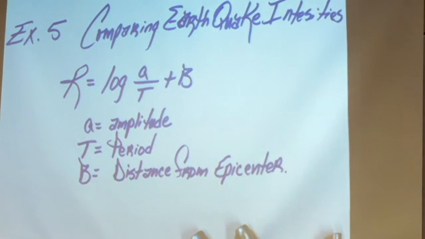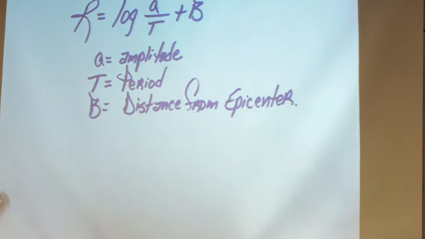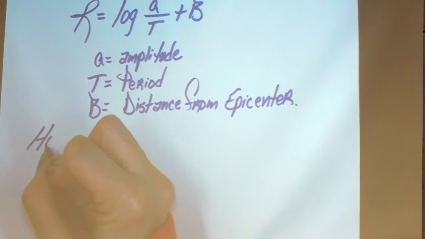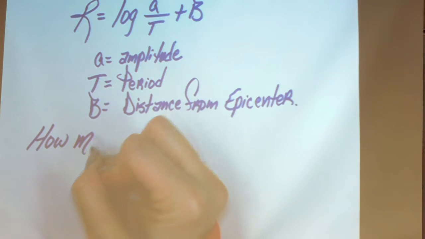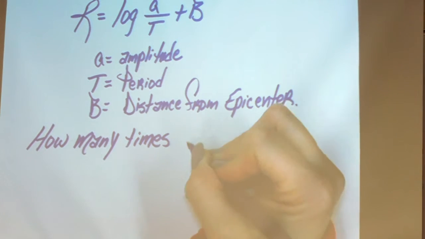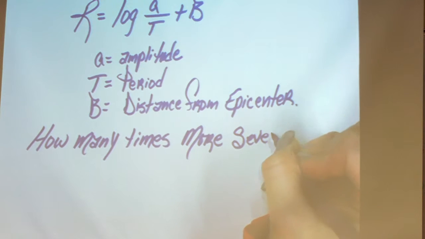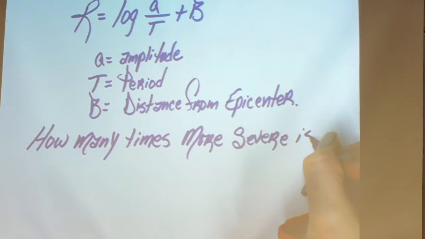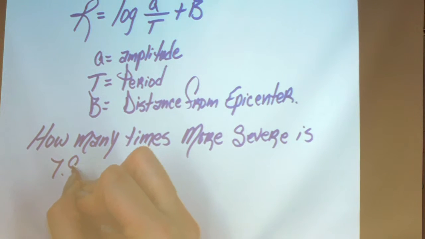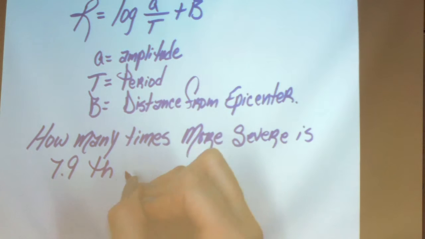Okay. So let's actually do a problem. It wants you to know how many times more severe is a magnitude 7.9 on the Richter scale than a 5.9.